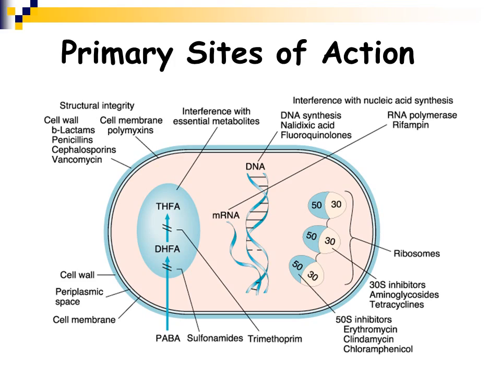So some of them will go after the structural integrity of the bacterial cell. So they'll go after the cell wall, like some examples are beta-lactam antibiotics or cephalosporins or vancomycin. Some will go after the cell membrane. Now the cell wall is a nice thing to go after in bacteria because our eukaryotic cells don't have a cell wall.